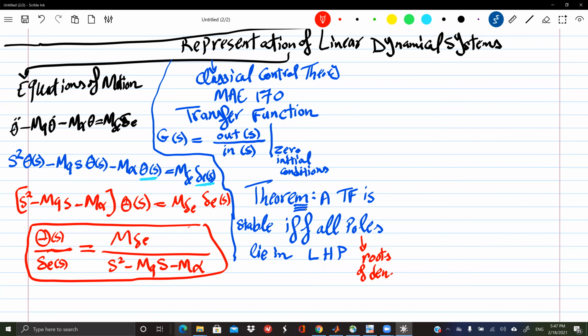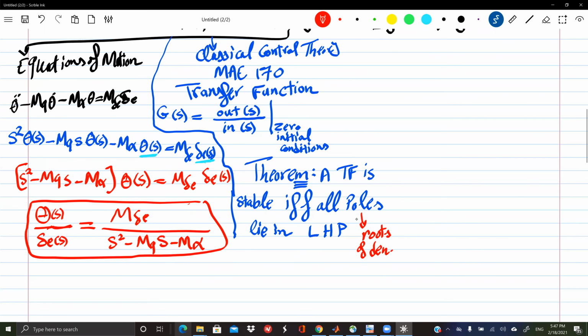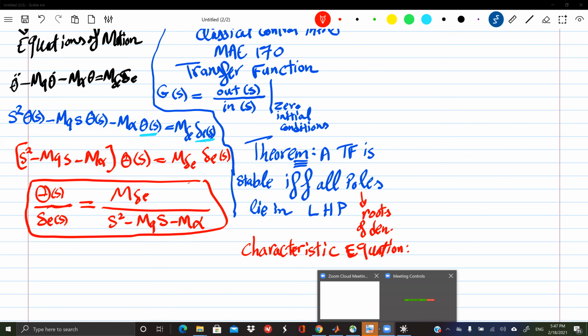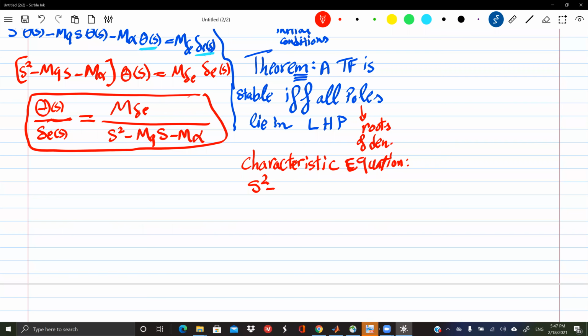So when we take the denominator, we get something called the characteristic equation. What's the characteristic equation? The denominator equals 0. So S squared minus M_q S minus M_alpha equals 0. This is the characteristic equation. The denominator equals 0.